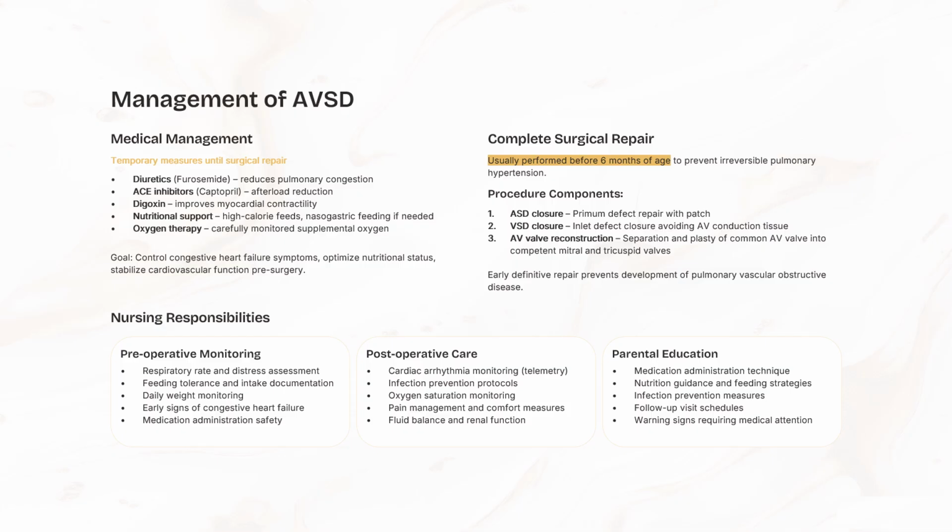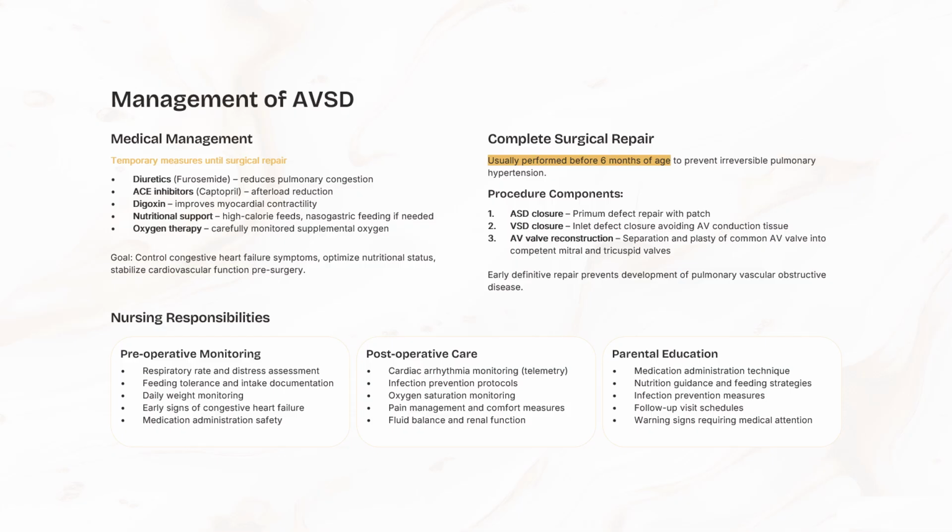Nasogastric feeding can also be used. Oxygen therapy should be given, I mean controlled, monitored supplemental oxygen. And complete surgical repair can be done, especially before 6 months. Otherwise the child can go into severe heart problems due to irreversible pulmonary hypertension.